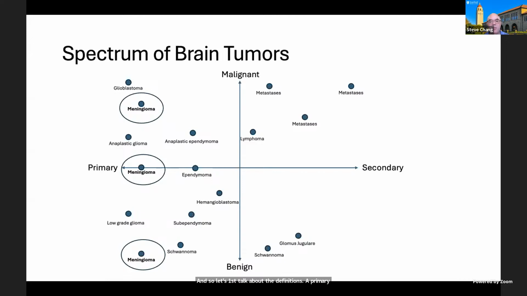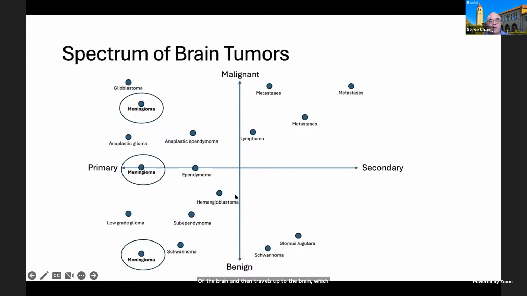A secondary tumor is a tumor that starts somewhere else in the body and travels to the brain. So a meningioma is a primary brain tumor. It starts in the brain, but a breast metastasis, or a tumor from breast cancer, starts outside of the brain and then travels up to the brain, which makes it a secondary tumor.